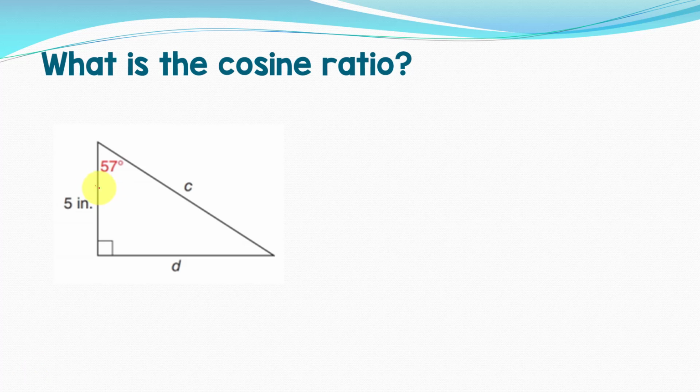Okay, cosine of this angle. We label opposite, adjacent, hypotenuse. Cosine is adjacent over hypotenuse, so cosine of 57 equals adjacent 5 over hypotenuse c.